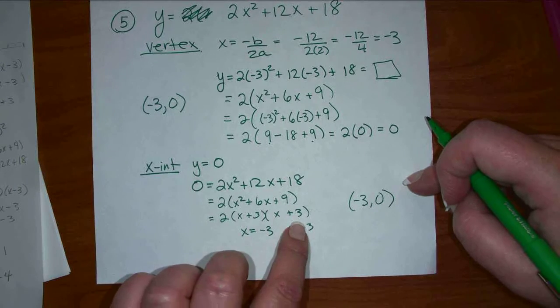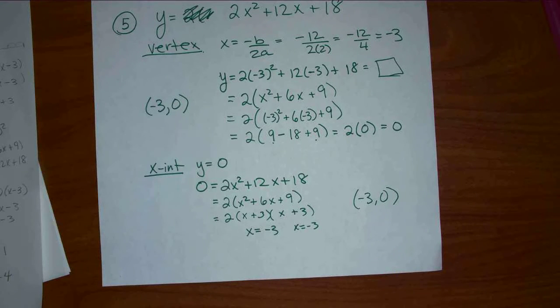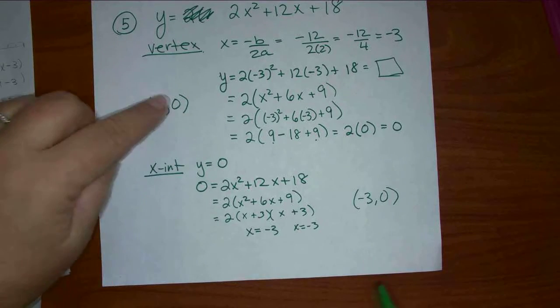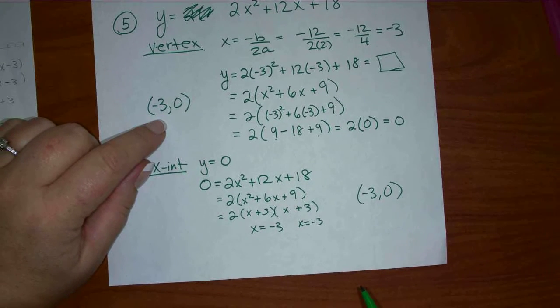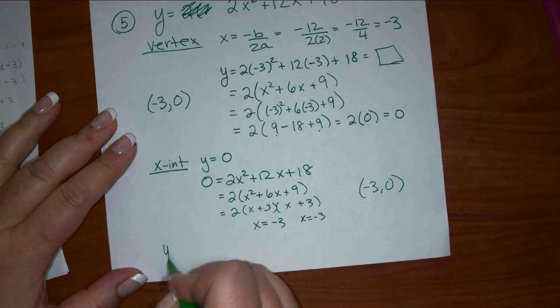How can a graph only go through the x-axis once? Remember, it's a parabola. Wouldn't it cross twice? Right. The vertex is touching the x, so that's where it goes through, and then it either goes up or down from there. Y-intercept? That'll give us the second point.